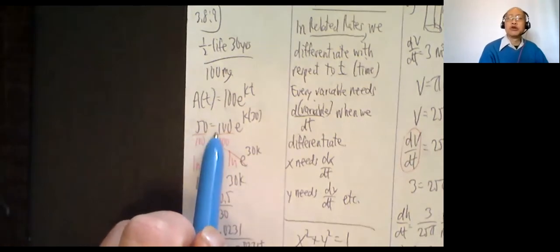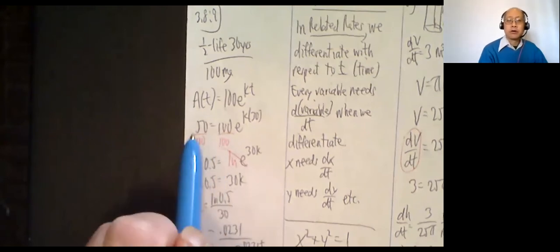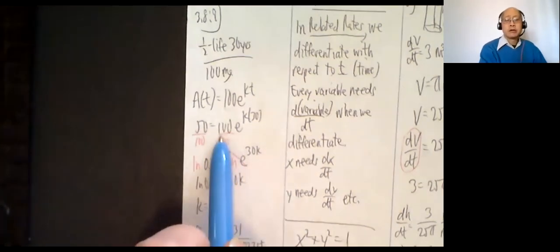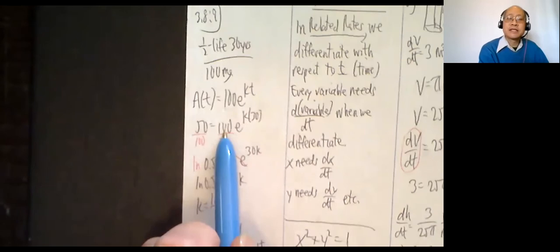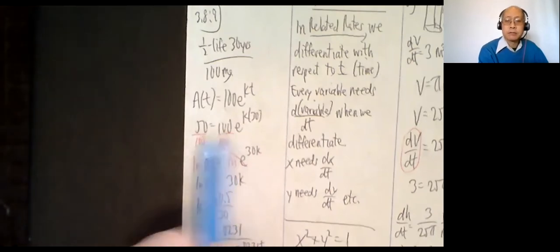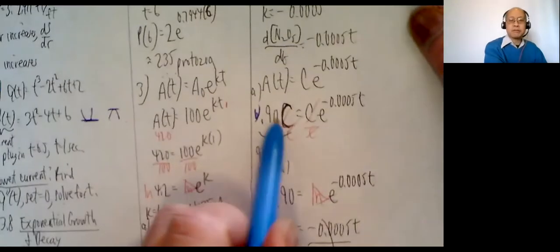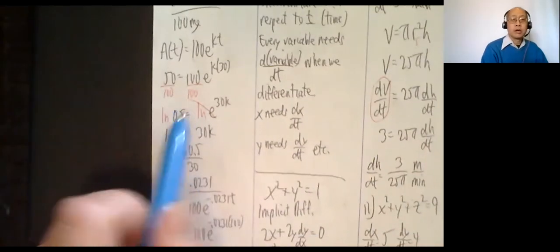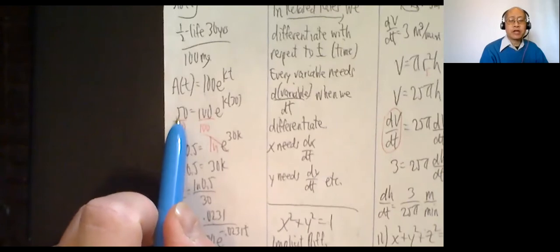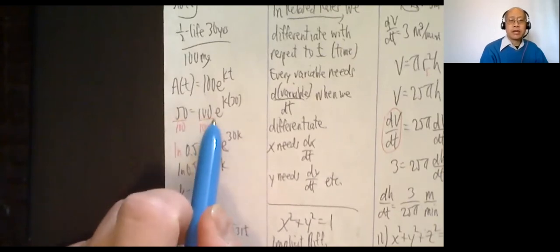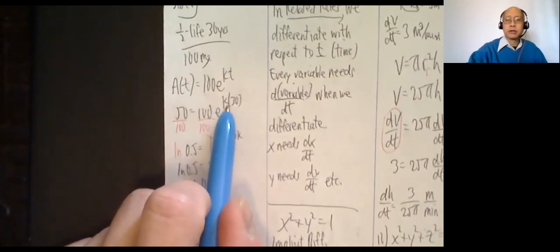If this was 2 million, over here I would put 1 million. It would all be exactly the same thing. And suppose all they told you was C. This would be half C, 0.5 C, just like the previous problem. So you can still do the problem if it just says C. So where did the 50 come from? Half of 100, e to the k times 30.